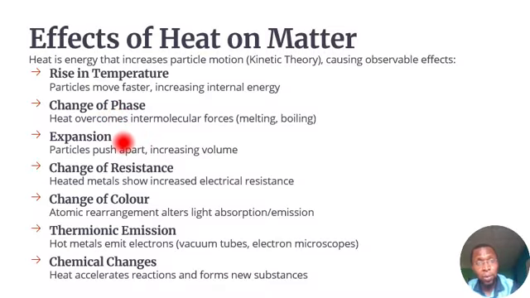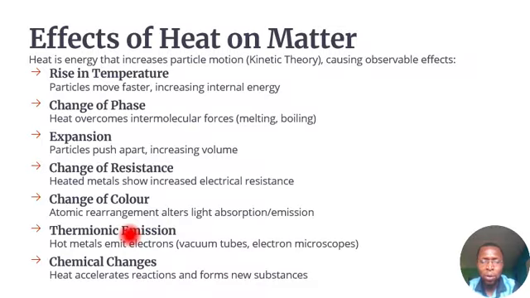Again, when you heat a substance, that substance can expand. When you heat a substance as well, the substance can change its resistance. In fact, when you heat metals, their resistance increases. When you subject a substance to heat, it can also change the color of that substance. Then it can also lead to thermionic emission.